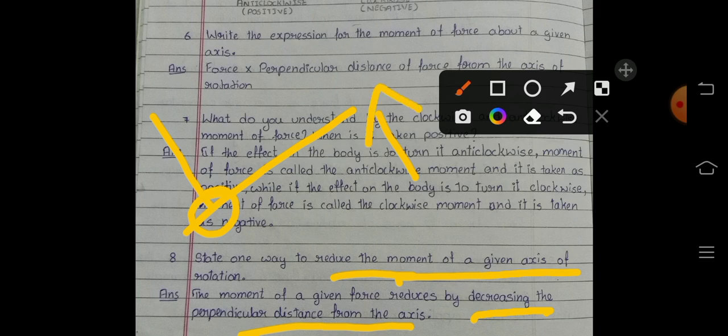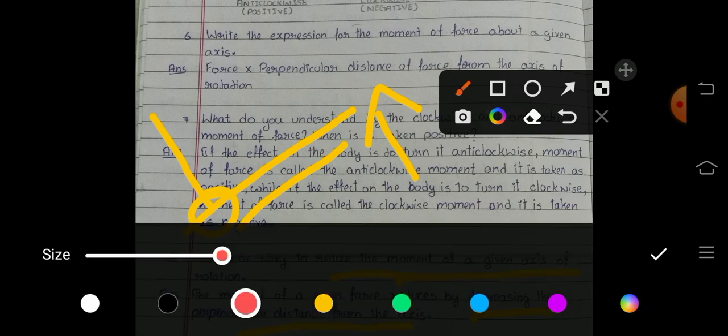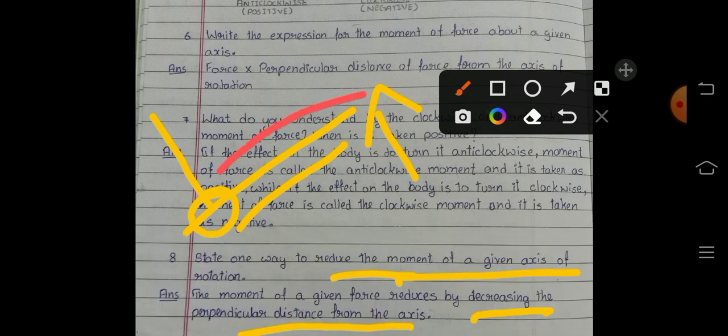Suitable point means almost the free end of that body. This is the distance. If you reduce this distance, for example you take only this much, and here if I am applying a force, obviously there will be a decrease in the moment of rotation, and if the distance is made maximum, at that time the rotation will be maximum.